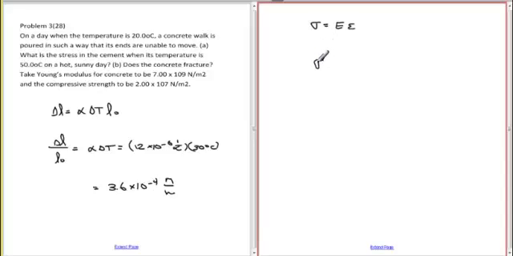So we can calculate the stress in the concrete by taking Young's modulus, which is 7 times 10 to the 9th newtons per meter squared, multiplied by epsilon, which is delta L over L0, 3.6 times 10 to the minus 4 meters per meter.